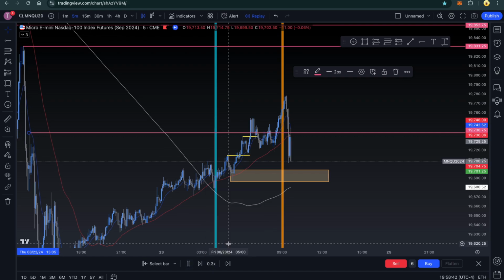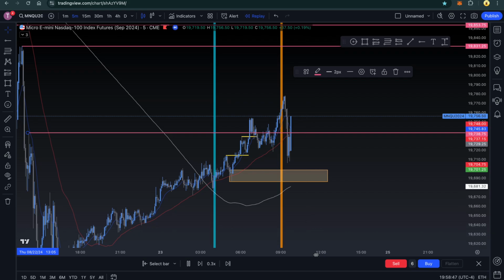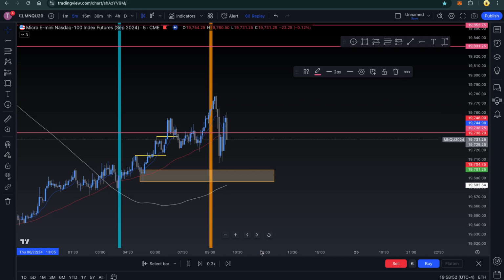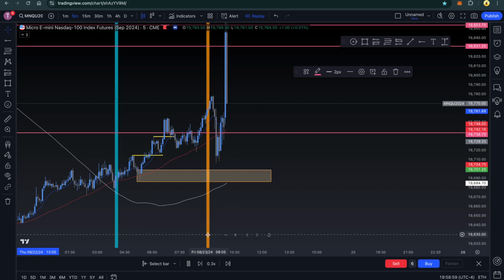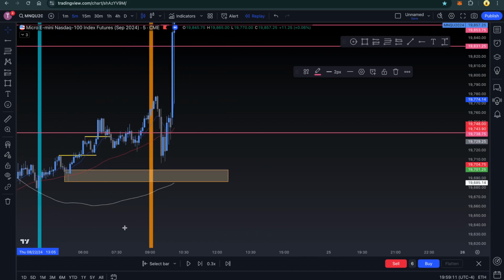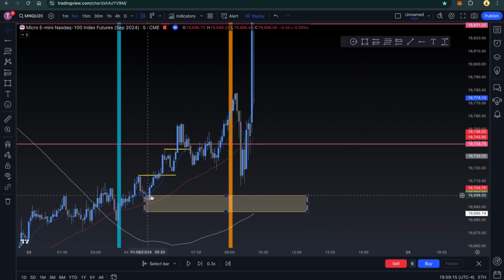Let's actually slow it down too a little bit. And there it went. So that's the thing with trading these breakup structures and supply and demand, is that what it did, it never even came back into what started it.